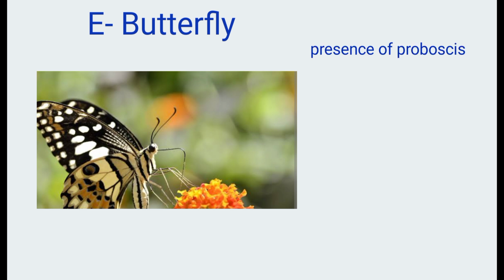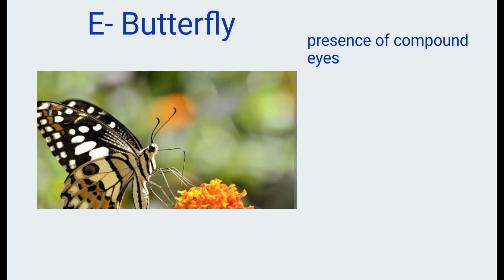Proboscis. They have a long, coiled tube used for feeding on nectar. 4. Compound eyes. Large, complex eyes that detect movement and color. Finally, life cycle. They undergo complete metamorphosis: egg, larva, pupa, adult. Butterflies are insects that belong to the order Lepidoptera, known for their distinctive flying patterns and vibrant wing colors.